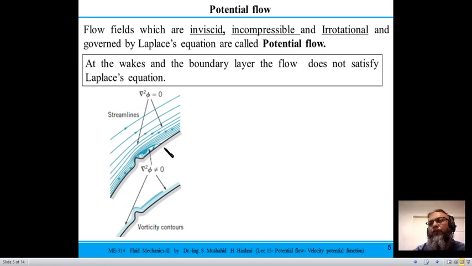It is rotational flow, and it could not be called a potential flow. Secondly, there are regions which are very close to the wall. We call it the boundary layer region. We will talk about it in detail in the later part of this course. This region is very close to the wall, where the condition of irrotationality is not satisfied.